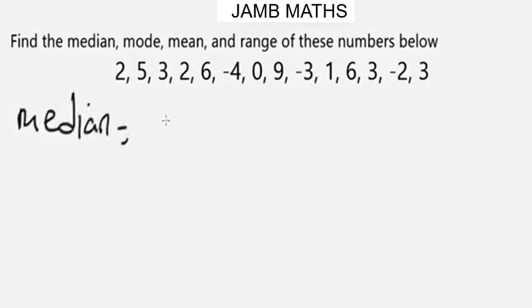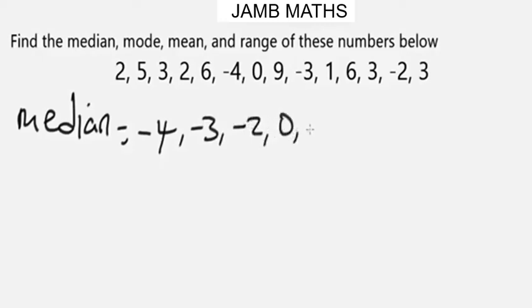For the median, which is the middle number, we need to arrange these values in ascending order. You can do it in ascending or descending order, but oftentimes it's done in ascending order. So when you do it, you're going to have -4, -3, -2, and no -1.